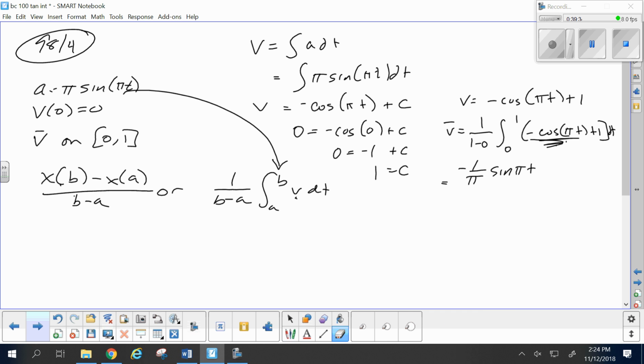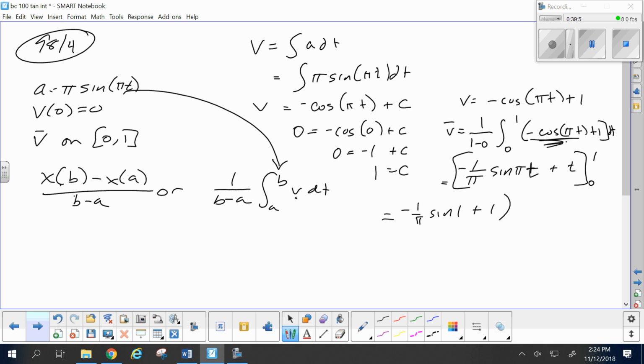I could check that real quick with the derivative. And I feel like that would be correct from 0 to 1. Then it's negative 1 over pi sine of pi plus 1 minus negative 1 over pi sine of 0 plus 0.